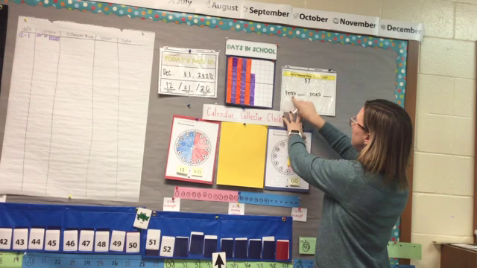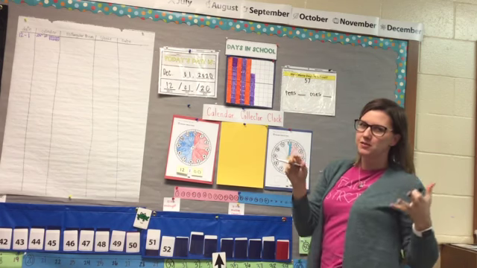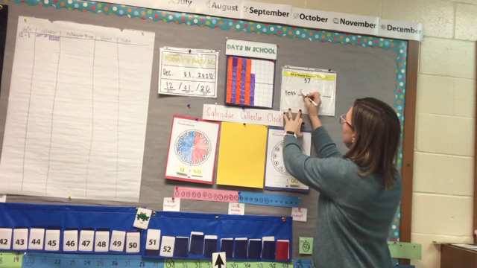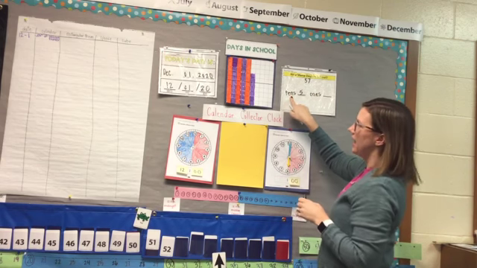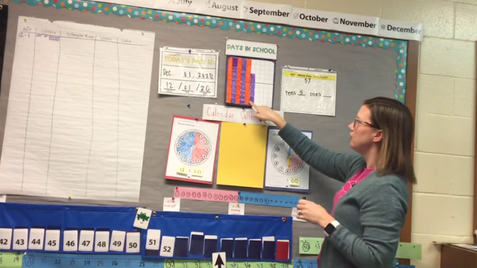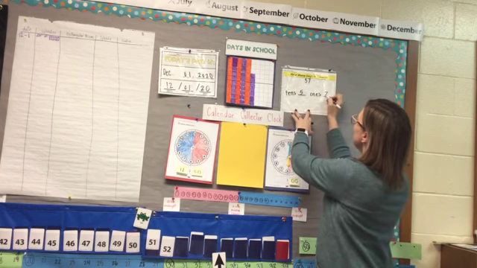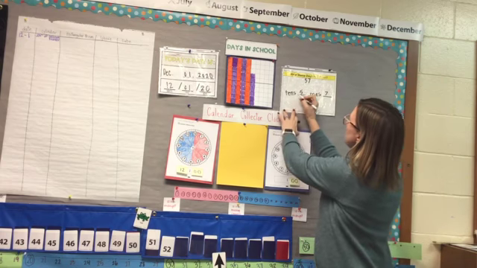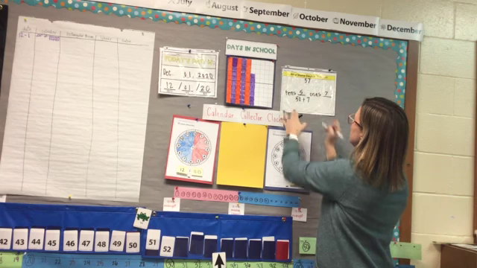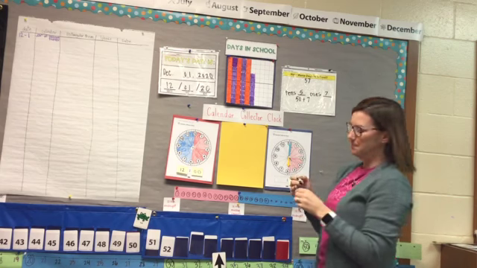And if we're making the number 57 and thinking about our tens and our ones, we have 5 groups of 10. 1, 2, 3, 4, 5 full groups of 10 and 7 ones. Okay, so 5 tens is 50 plus 7 ones.